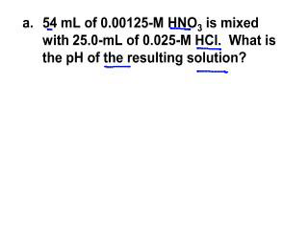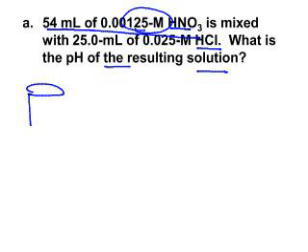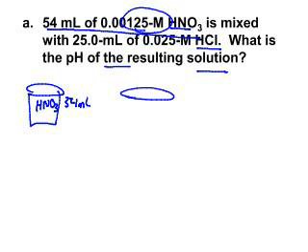So what we've got is two strong acids. We need to do an M1V1 equals M2V2 problem. Let's think this through. I've got two beakers. One is filled with nitric acid, 54 milliliters from the problem, and another is filled with hydrochloric acid, 25 milliliters.